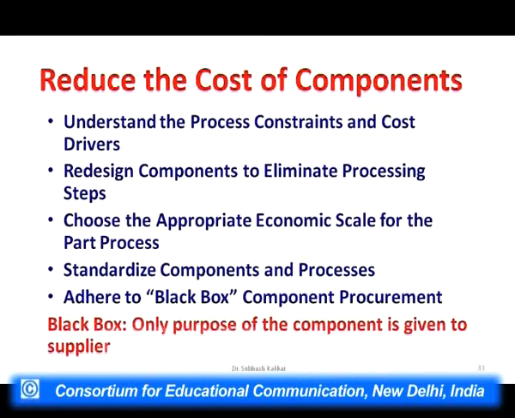What is black box? Black box is only purpose of the component is given to the supplier and the supplier designs the product for you. When you give the design, it makes the things complicated and the charges will be very high. Let it be a black box and the supplier may design the product for you.